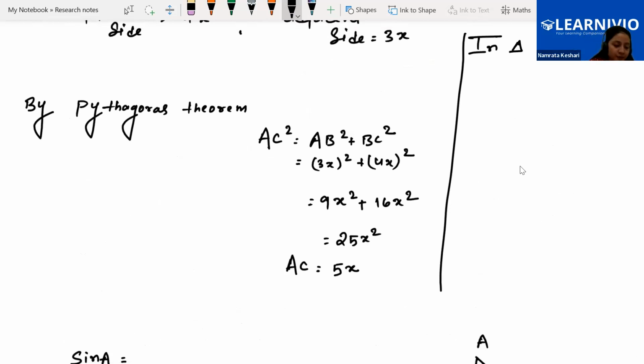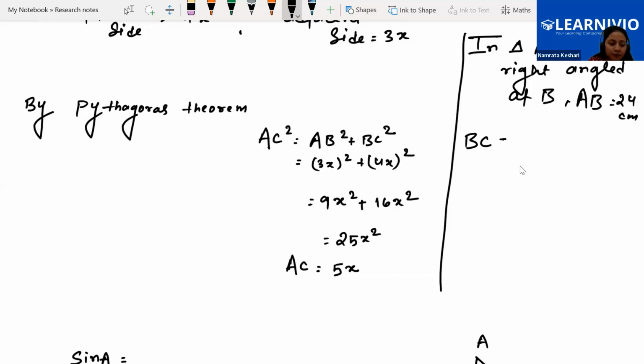In triangle ABC, right angle at B, AB is equals to 24 centimeter. Can you repeat, ma'am?